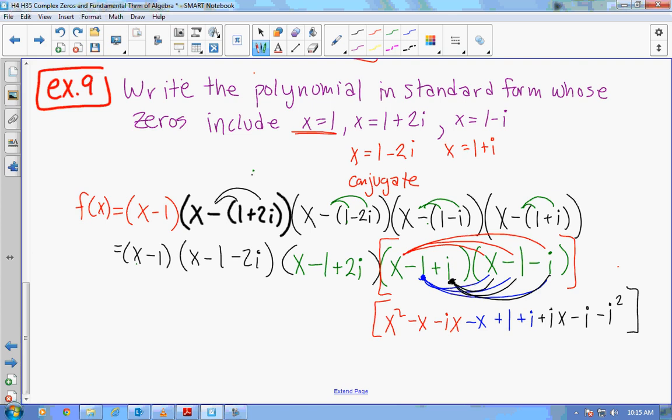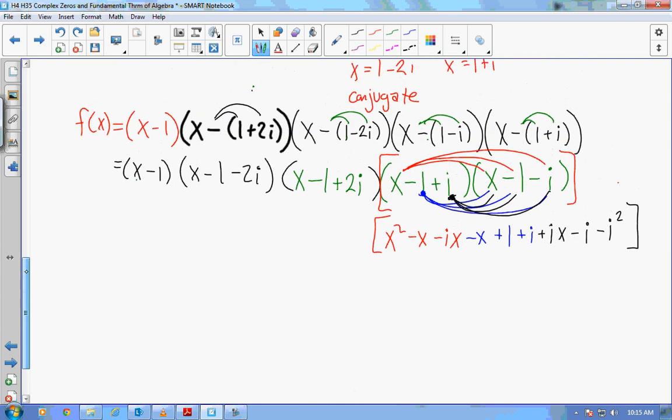Okay, I'm not going to worry about anything else on the left. I'm just going to be working with this group. We have some like terms. There's only one x squared. Are there any x's with no i's? Yeah. Negative x and negative x makes how many?